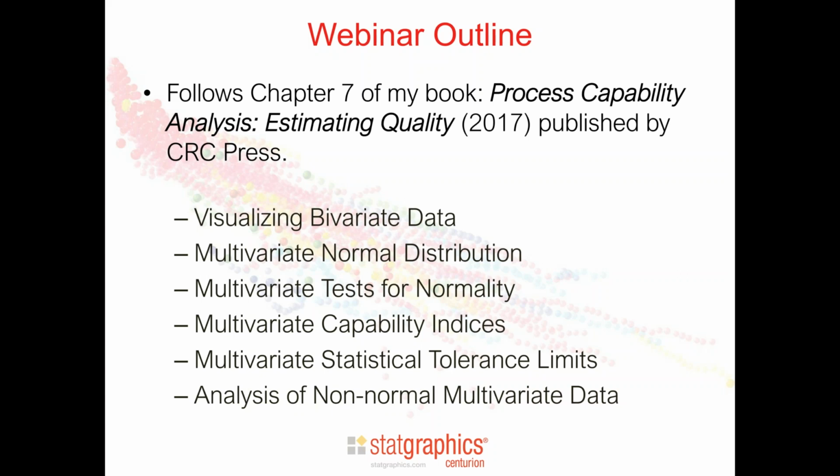Statistical tolerance limits give you an interval, or in this case, a region, within which you can be, for example, 95% certain that at least 99% of everything you're producing lies. And finally, I'll spend a little time at the end talking about what we do if we have multivariate data that does not follow a multivariate normal distribution.